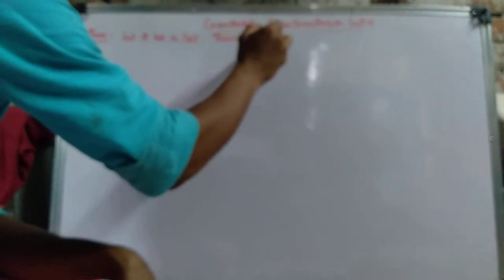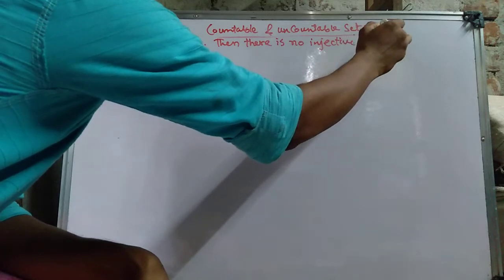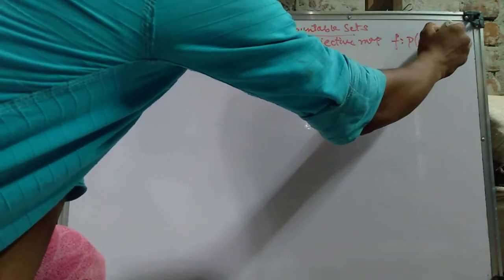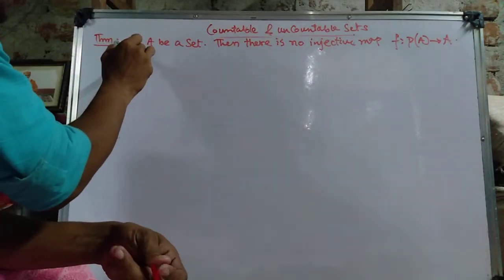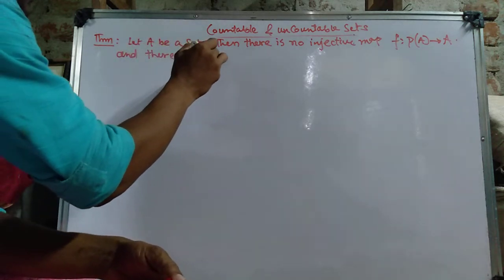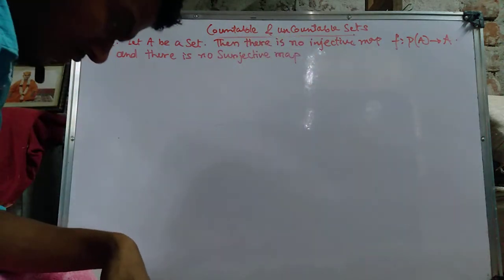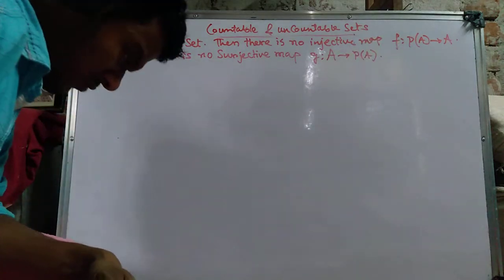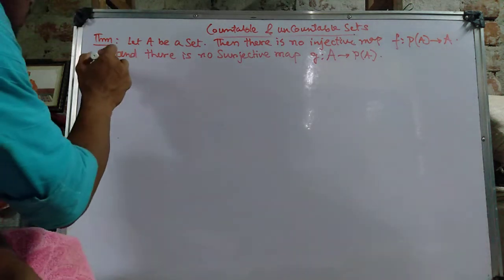Then there is no injective map from the power set of A to A, and there is no surjective map from A to the power set of A. Now we prove it.